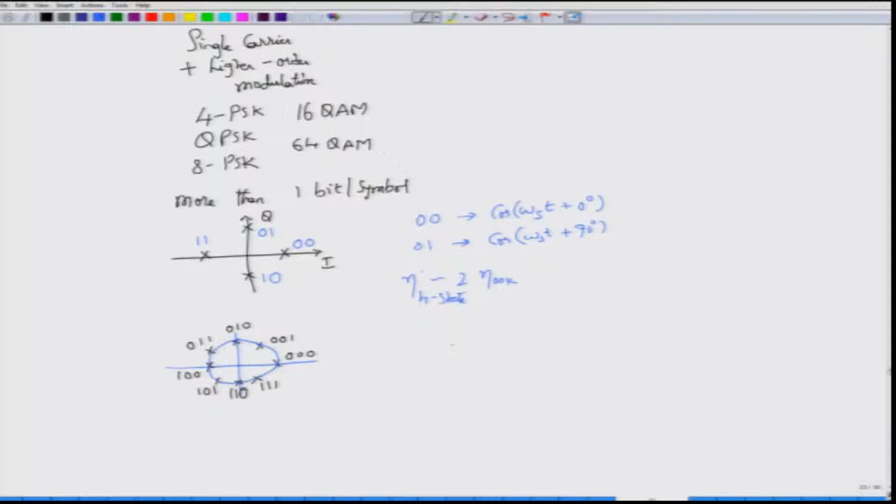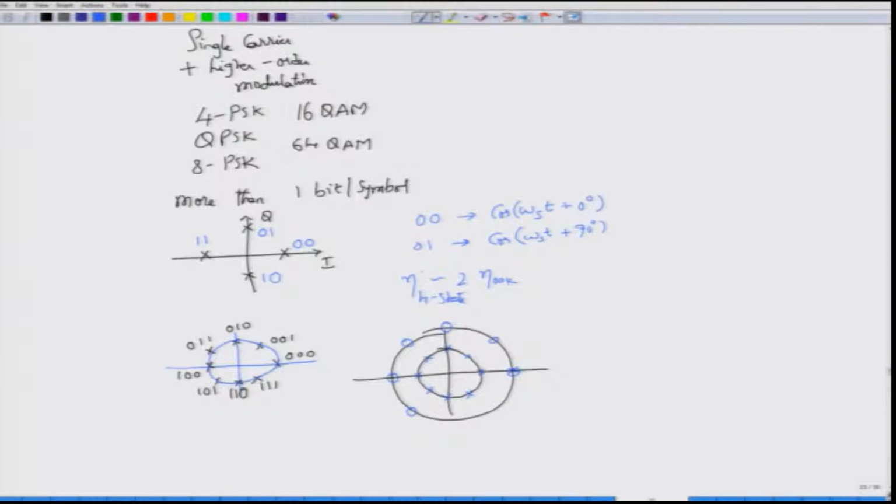You can then go to an even more exotic constellation called 16 QAM. This time you have many implementation choices. So, you can for example pick one of these. Here you take one inner ring of 8 array PSK, and then on the outer ring, which corresponds to an increased transmit power, you pick one more 8 array PSK.